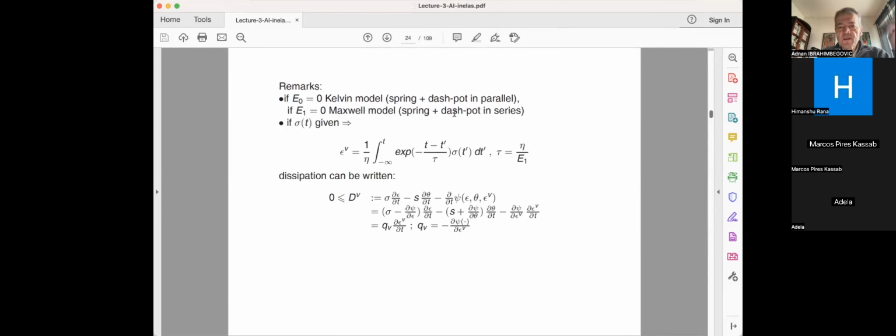Either of those were used, not very successfully, because typically if you really want to describe something like creep or whatever other type of time-dependent deformation of complex composite materials, you typically need nonlinear dependence, not just linear dependence. But in any case, what is important here, given that you have evolution of stress, you can obtain the solution of such an equation and say that the viscous deformation has a certain evolution which is quantified by the characteristic evolution time tau, which is the ratio between eta and E1.